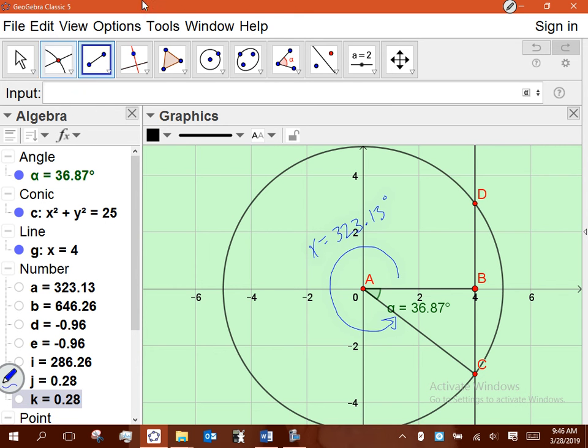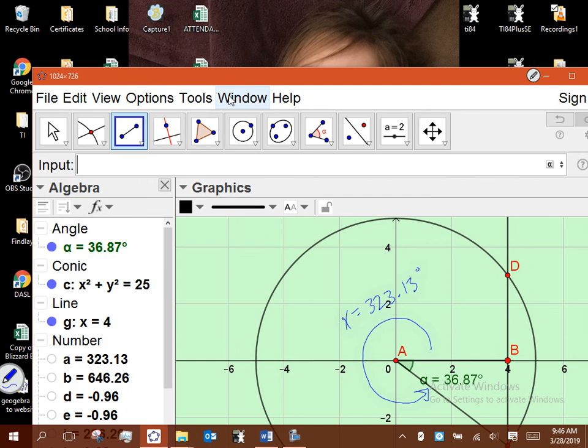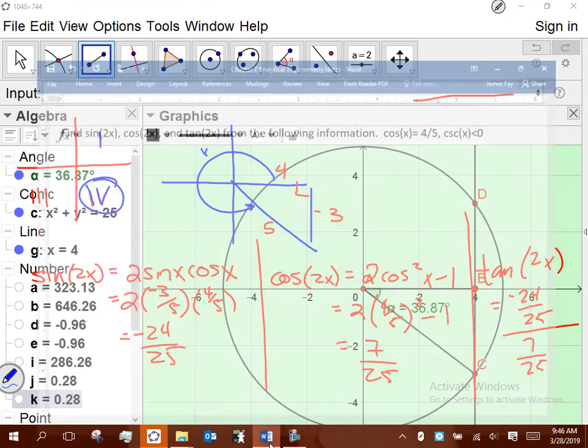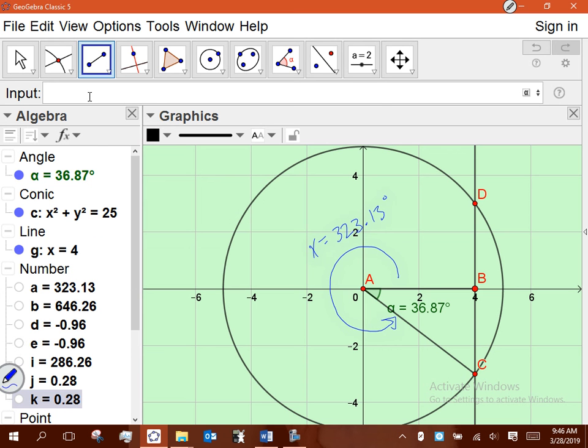But we found it to be the fraction 7/25. We'll multiply both those by 4, and you should get that 0.28, right? Does this make sense to everybody?